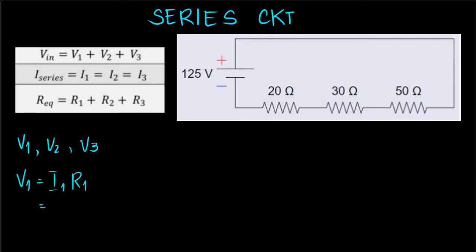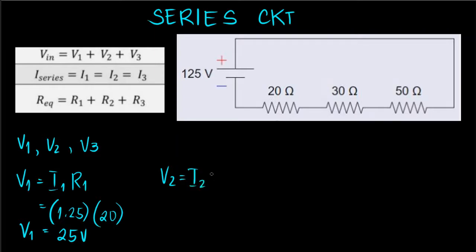So now we can solve. V1 is equal to 1.25 amperes times R1, which is 20. So 1.25 times 20 is equal to 25 volts. This is your V1. For V2, I1 is simply equal to I2, so no problem. I2 is still 1.25, and R2 is 30.